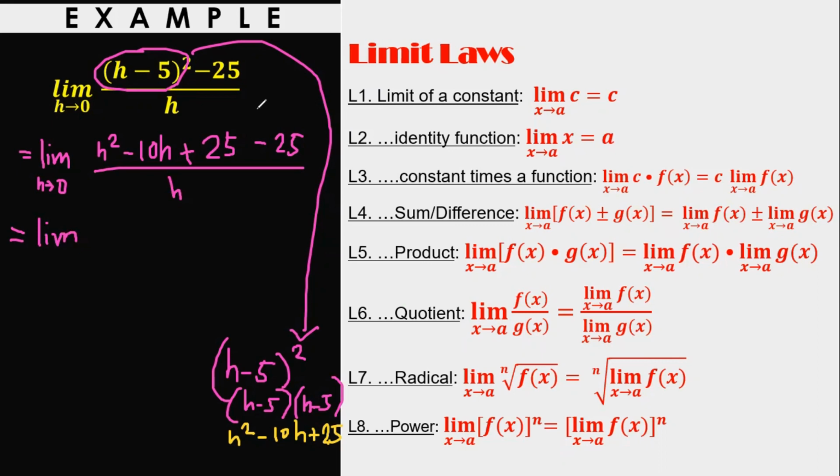Yes, there is. We can cancel 25 and 25 because they have the same terms but different signs. So the remaining is h squared minus 10h over h as h approaches 0. Now, as you can see, we can still factor it because the denominator is still 0.